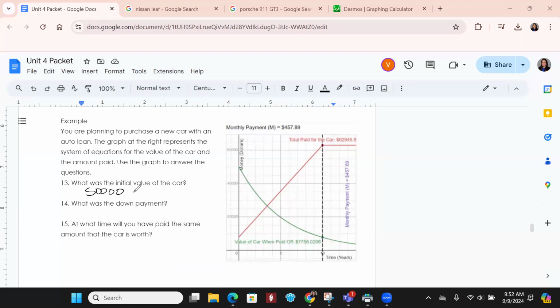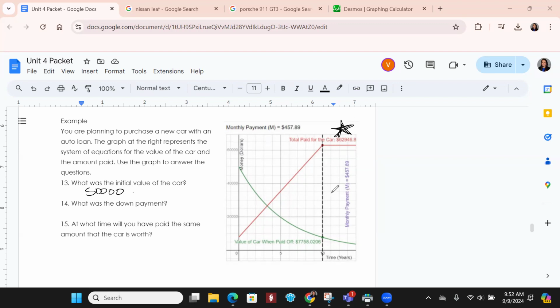What was the down payment? How much was the car totally worth? Can you tell? They got a lot going on in this graph.